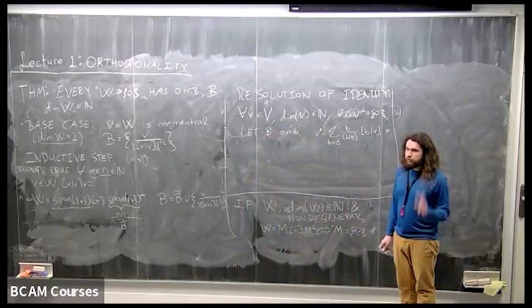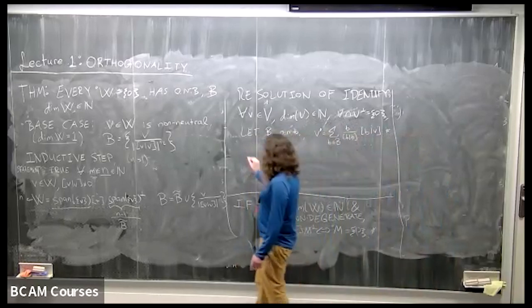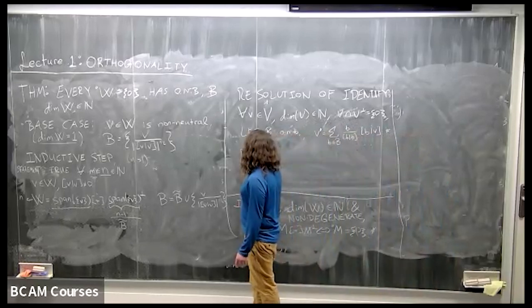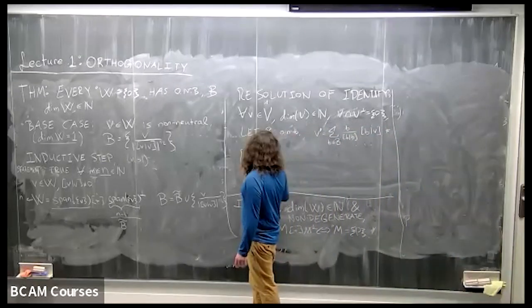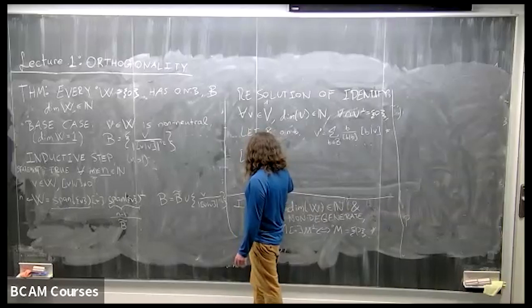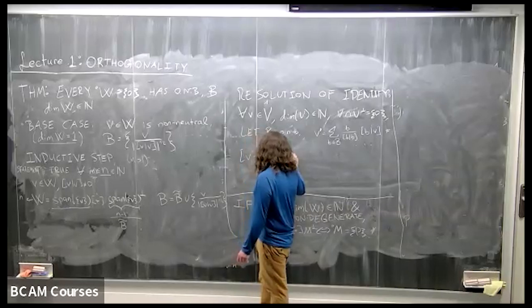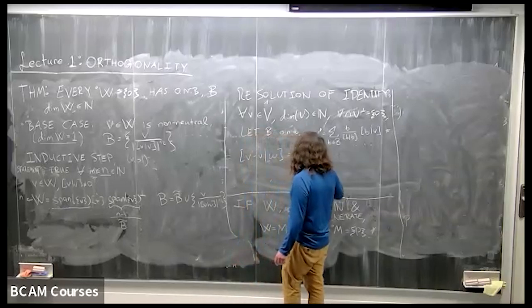So I'm going to construct 0 by taking a difference between v prime and v. Our objective is to show that the inner product of v prime minus v with w is 0 for all w.